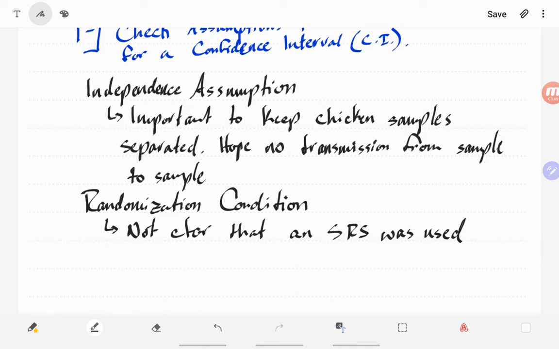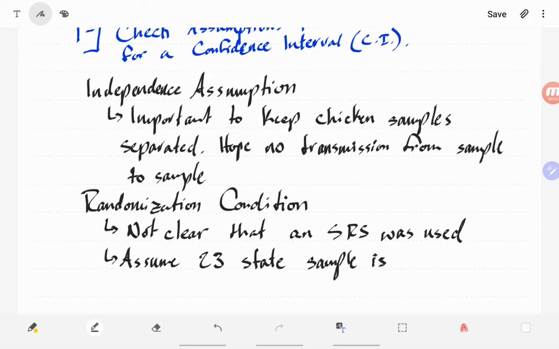Not clear that an SRS was used. However, we are going to assume that our 23 state sample is representative, right?